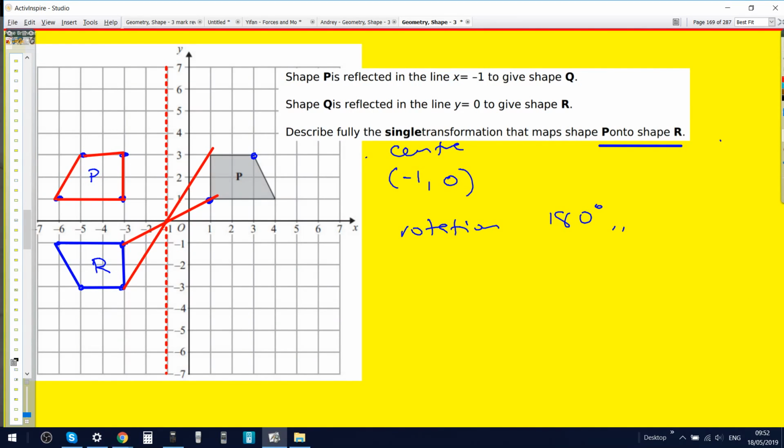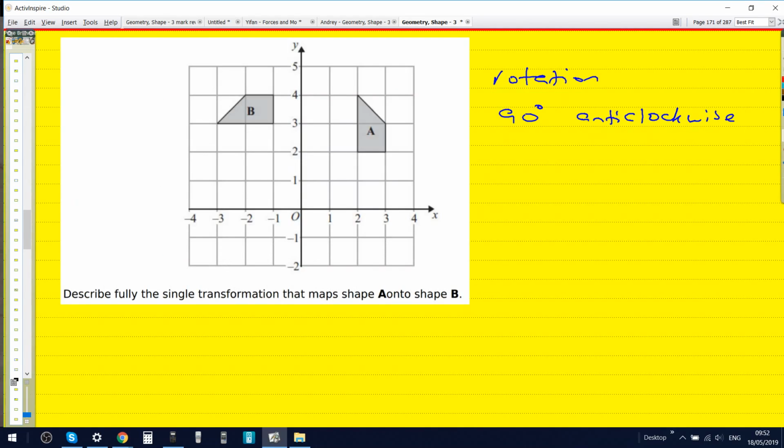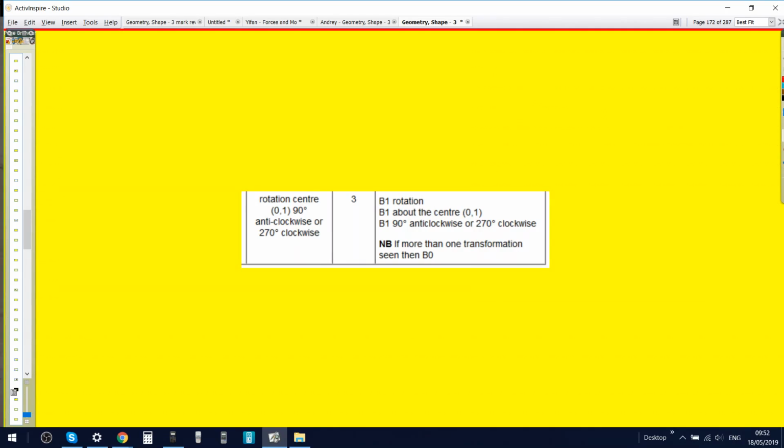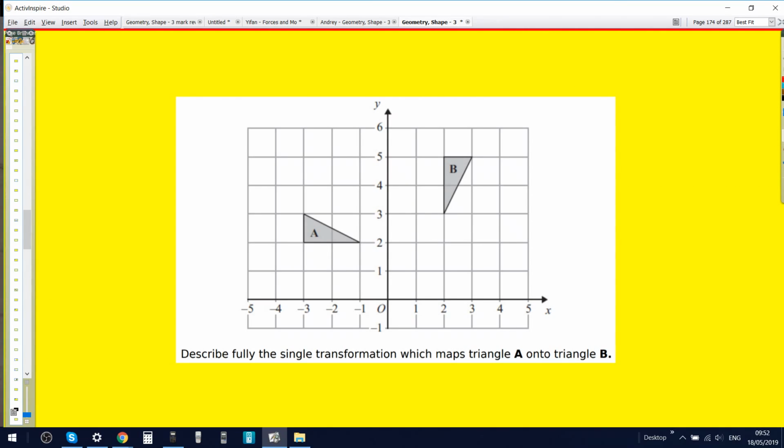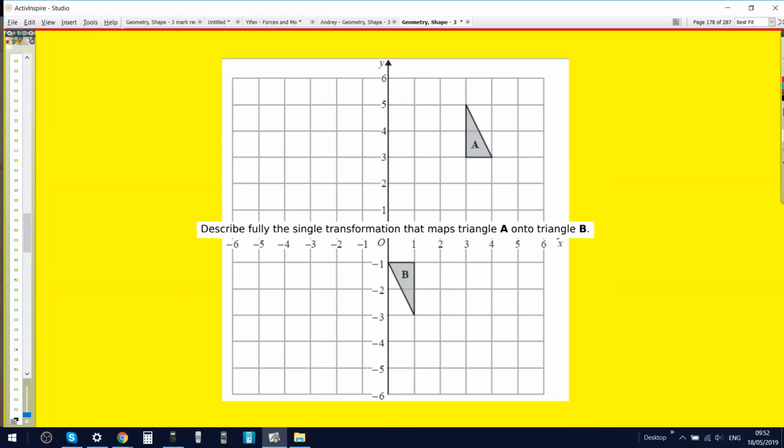Yes, so sometimes they make you do two transformations, and they say describe one transformation that does it. So rotation, you're okay for. Just try different points to see where the center of enlargement is. And try one, if it's too high, go one lower, and so on. So what would be this one?